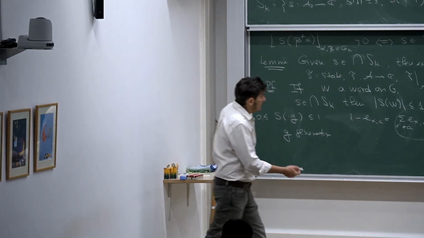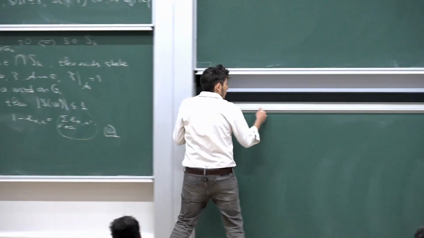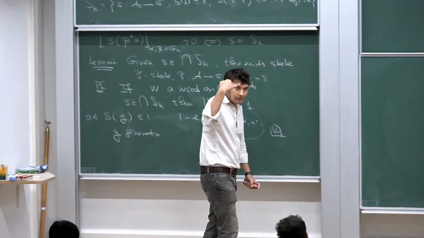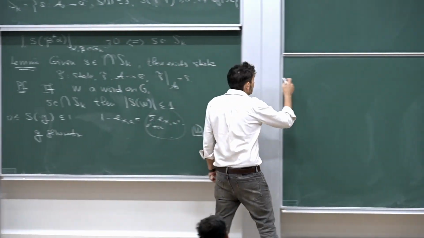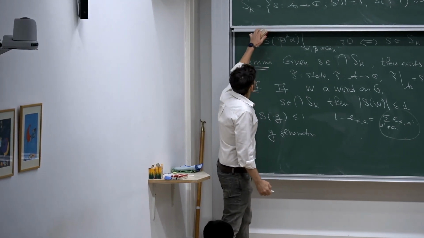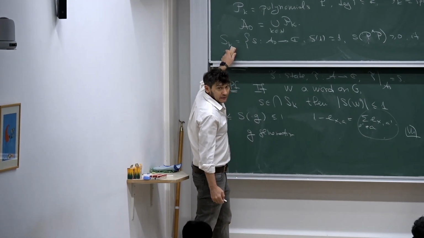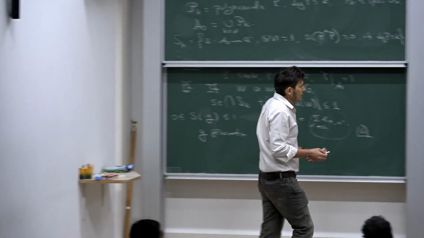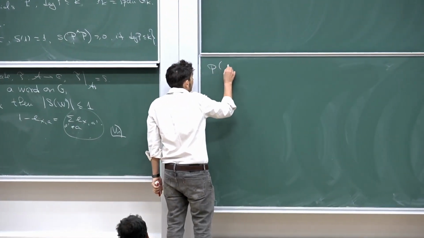And then what is the actual hierarchy? I will now define the actual correlations of some level K. I will take an element of my S sub K set, and I will just restrict to the first entries. So a correlation should look like that.